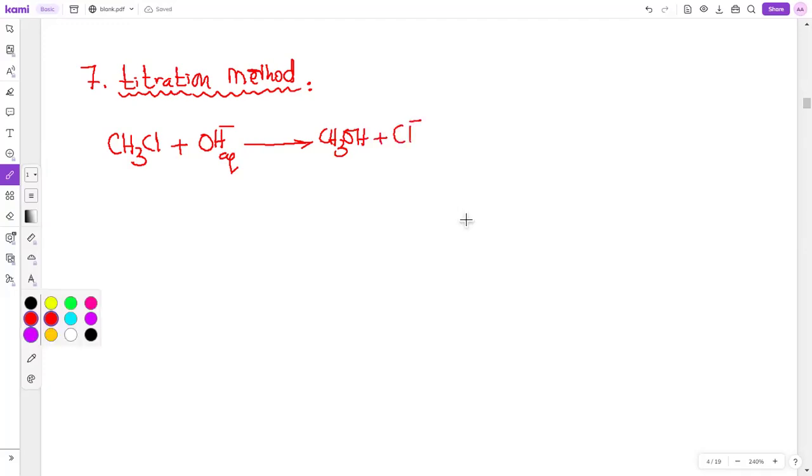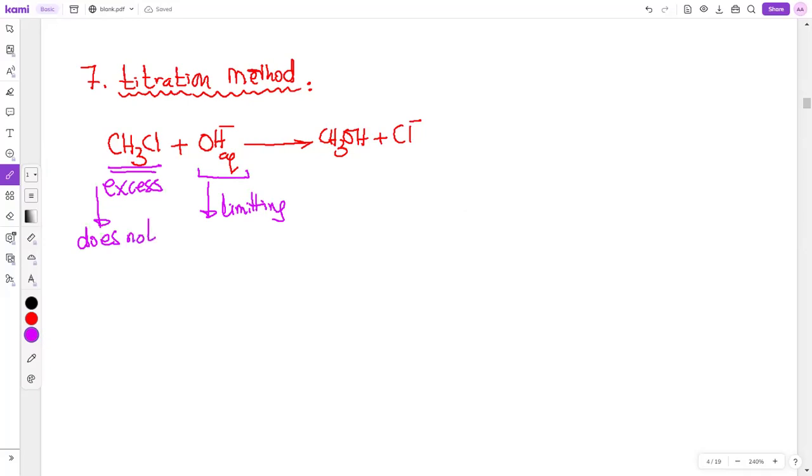So beta, one of the reagents should be in excess because out of two reactants, we would like to monitor one reactant. We can monitor one reactant at a time. So let us say this reactant OH is limiting. So the other reactant we have to take in excess. And remember one thing: the excess reactant does not affect rate.